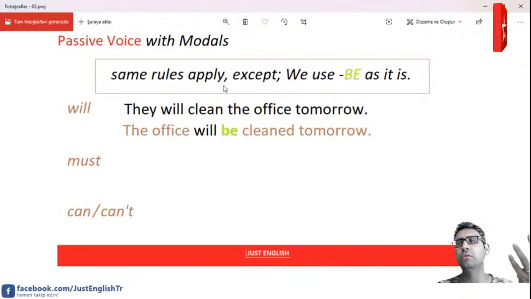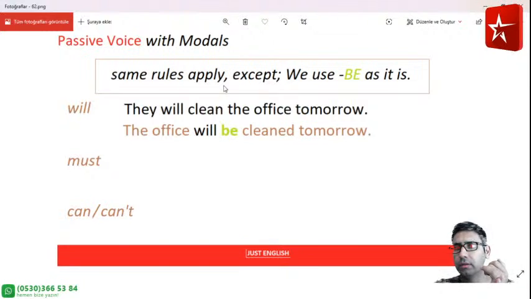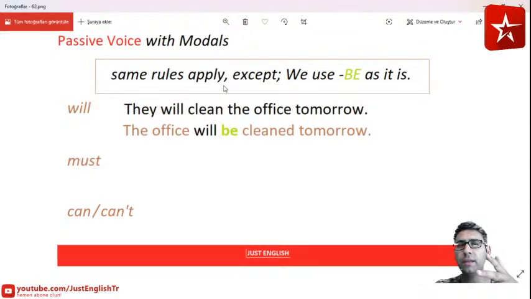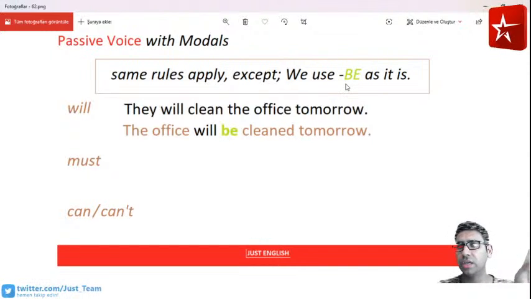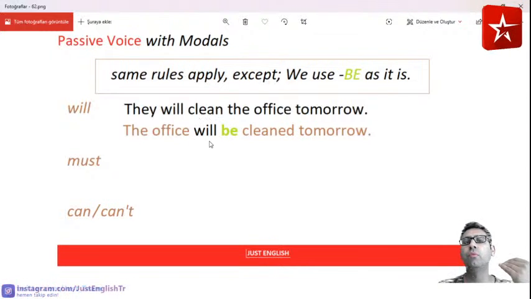What are the rules? I'm going to use the past participle, that would be verb 3 form. And then I need to add here, as I show you, be. We don't change it. We use it as be. And then, of course, the modal itself.